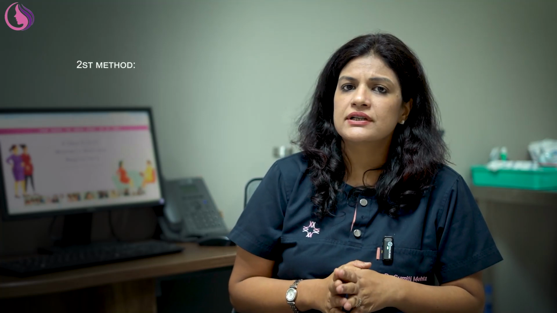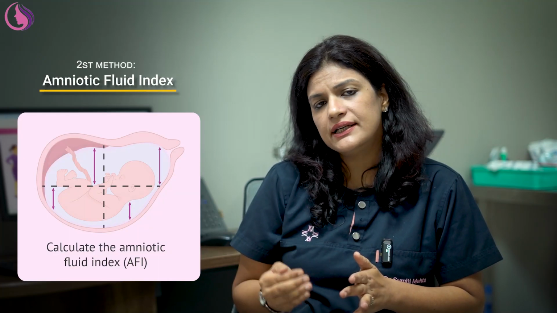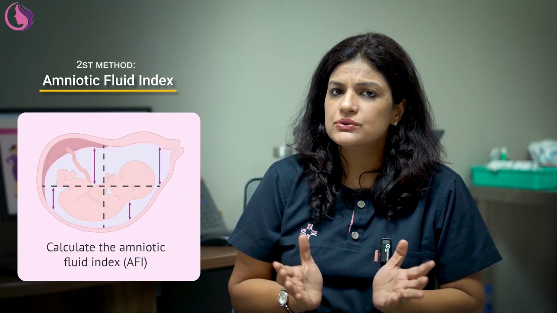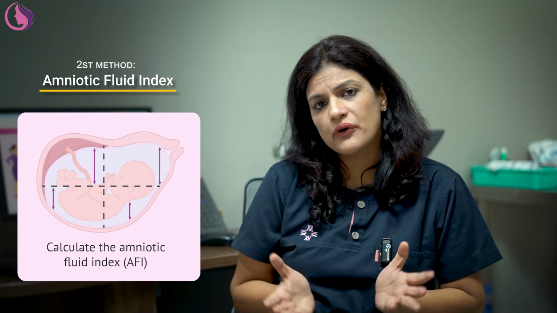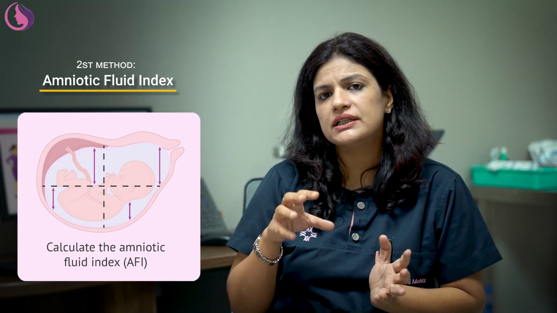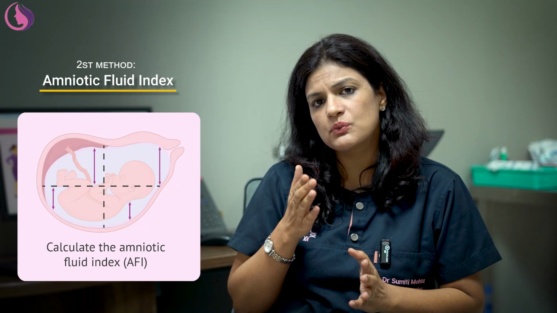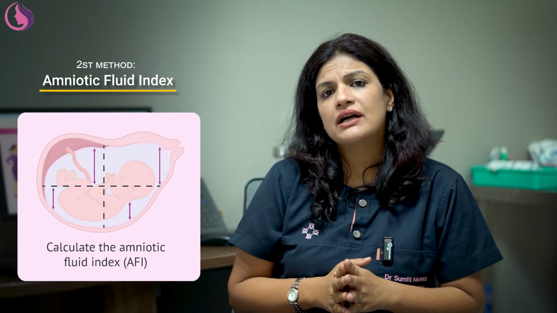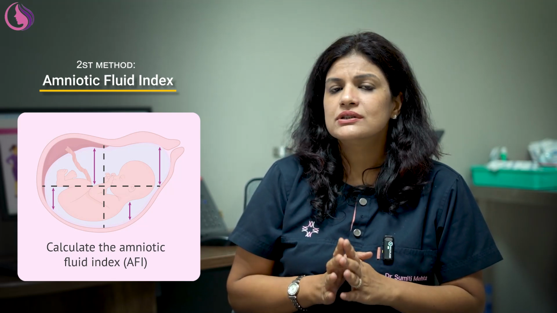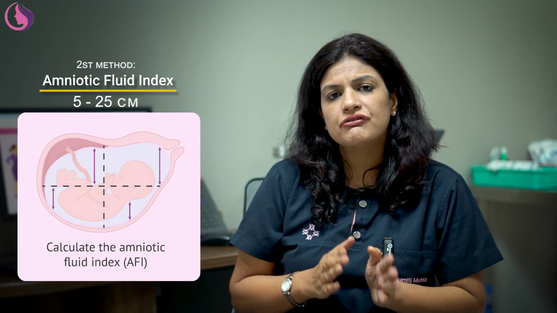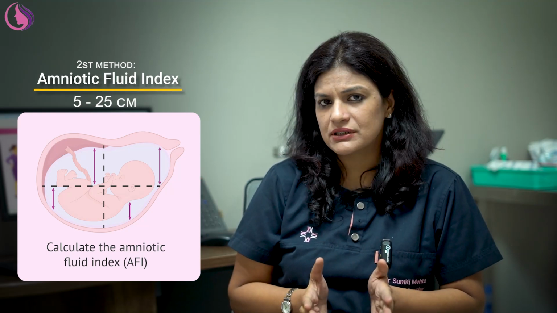The second method is the amniotic fluid index, where we divide the uterus into 4 quadrants, and we measure the deepest vertical pockets in each quadrant and add them up. That level should be around 5 to 25 centimeters. According to some guidelines, for practical purposes, they also keep it around 8 to 18 centimeters.